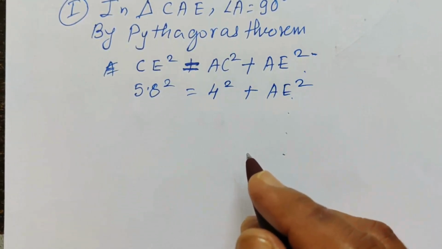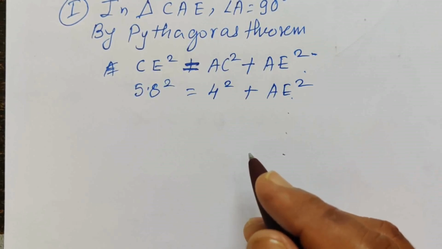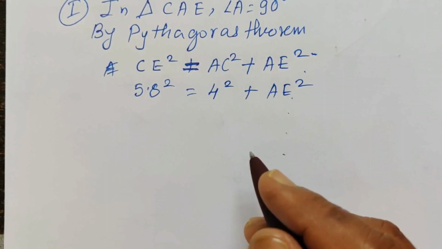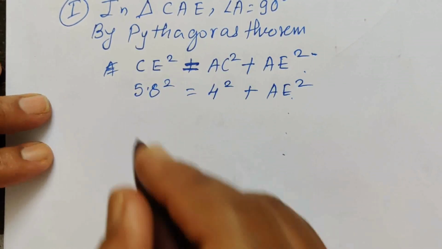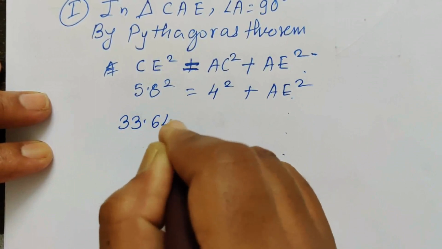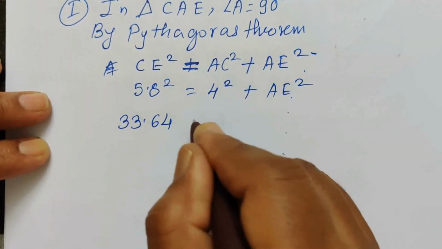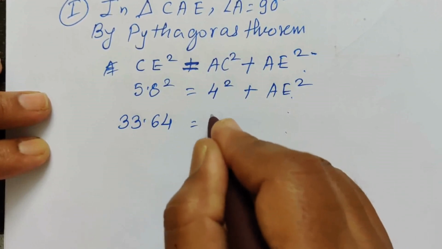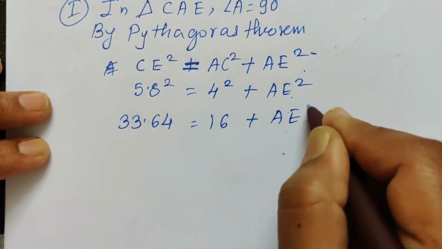Then take the square of 5.8 and the square of 4. The square of 5.8 is 33.64. So 33.64 is equal to the square of 4, which is 16, plus AE square.